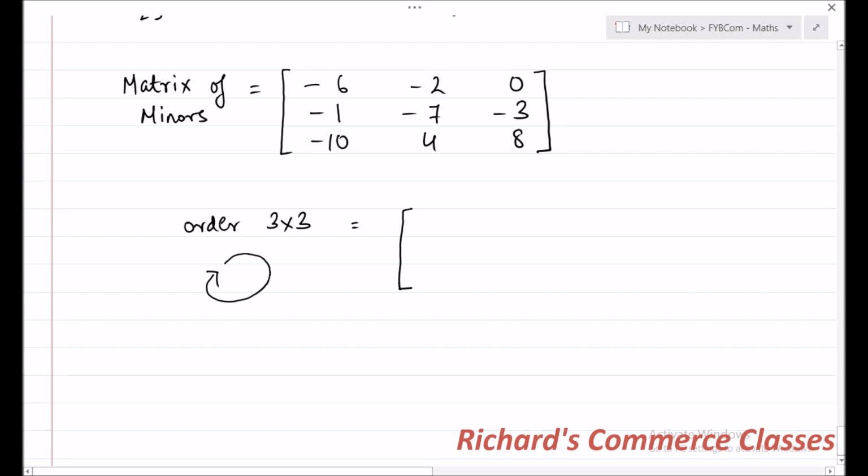The first sign is always a positive sign. So starting with the first element, it will be plus, and as you go, you keep changing the sign again. So plus, then minus, then plus, then minus, plus, minus, plus, minus, and plus. For a 3 by 3 matrix, this is the diagram to remember.